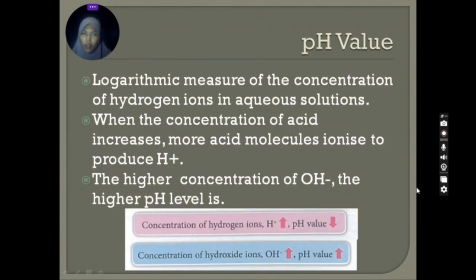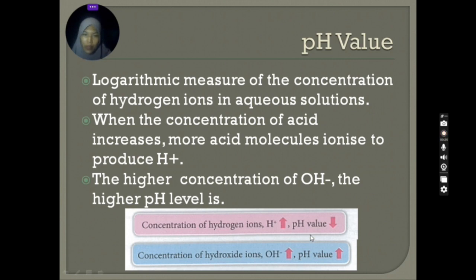Next is pH value. pH value is a logarithmic measure of the concentration of hydrogen ions in aqueous solution. So when the concentration of acid increases, more acid molecules will ionize to produce hydrogen ions, which means pH value will decrease.